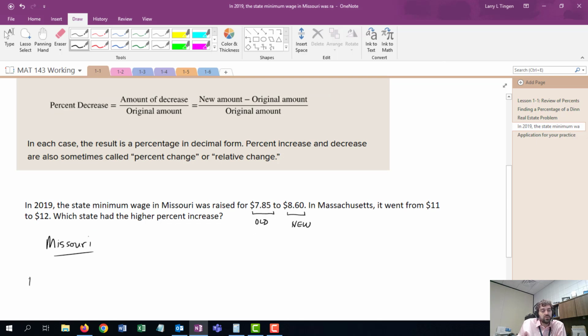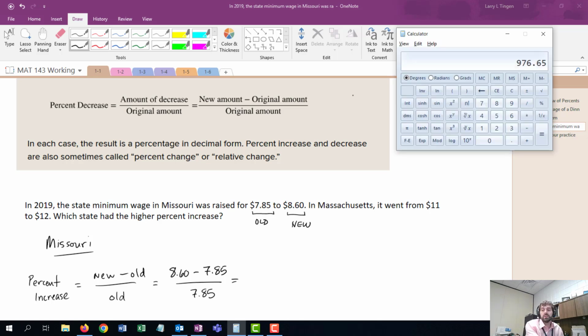So percent increase is the new minus the old, all divided by the old. The new is $8.60. The old is $7.85. The denominator is the old, which is also $7.85.